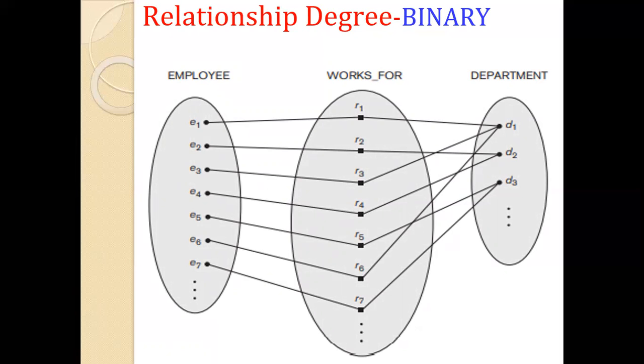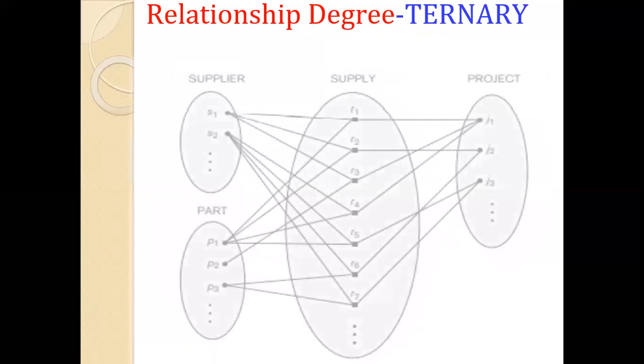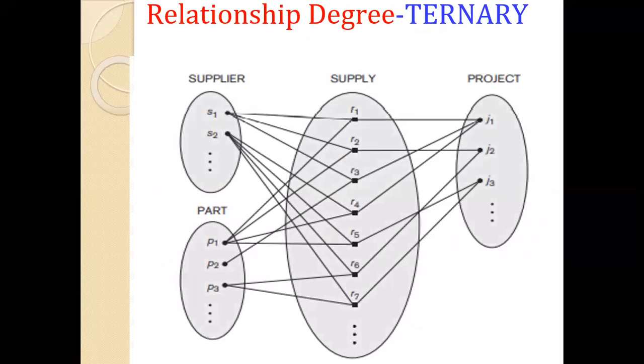So this relationship is between two entity types, and that is referred to as binary. Similarly, if we have three entity types connected with one relationship, then that is referred to as ternary. So here supply is a ternary relationship, which connects supplier, part and project.